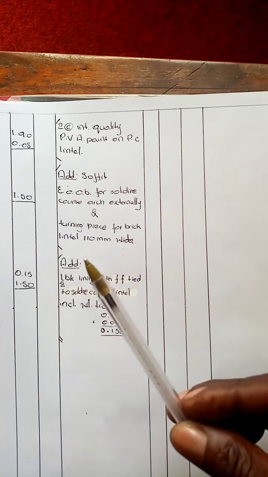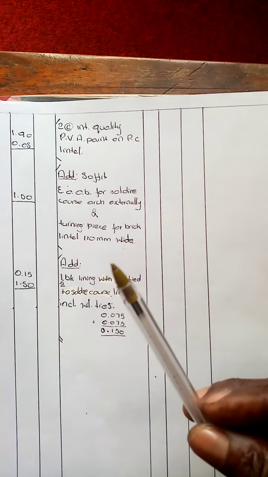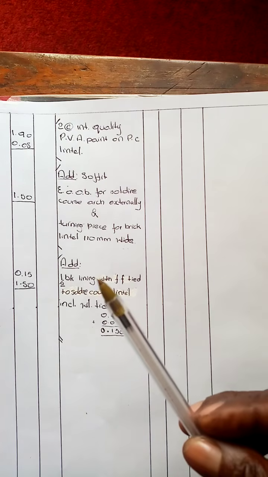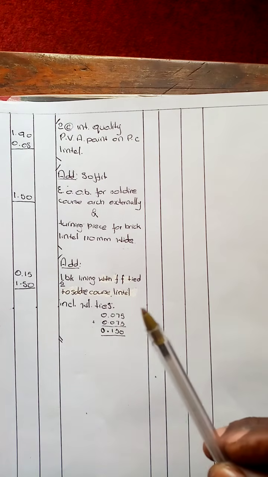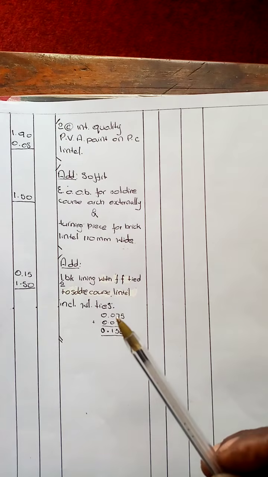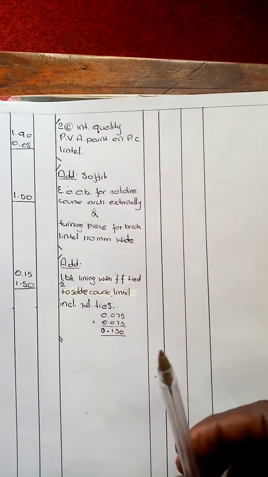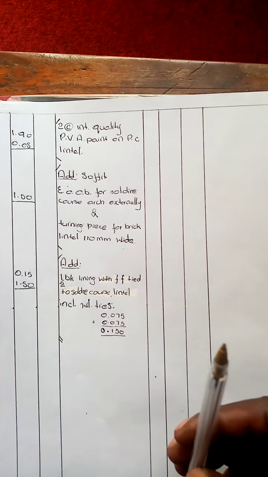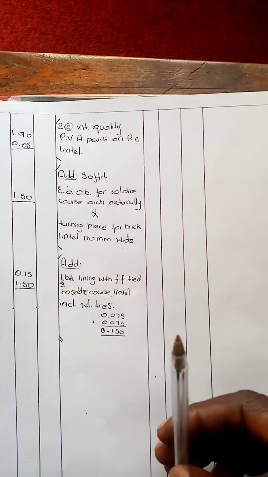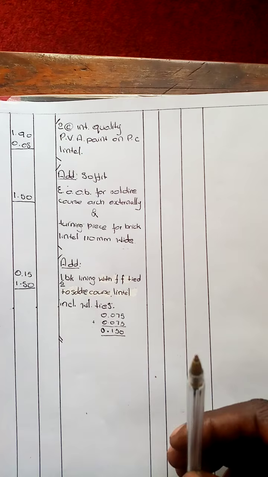That is why it must be 110 millimeters wide. It must be equal to the thickness of that brick, because that brick is going to be the soldier course, and it will face you with the 75 millimeters.